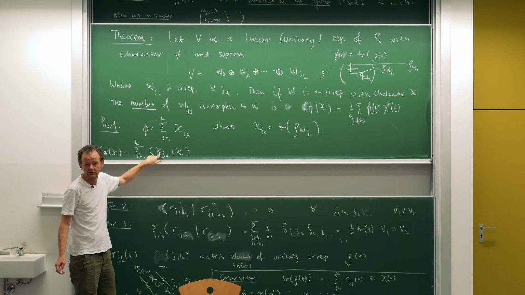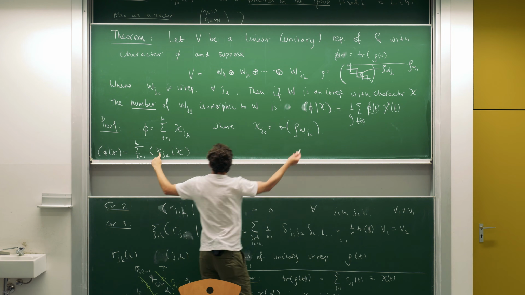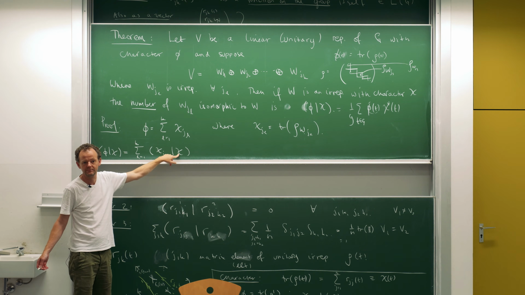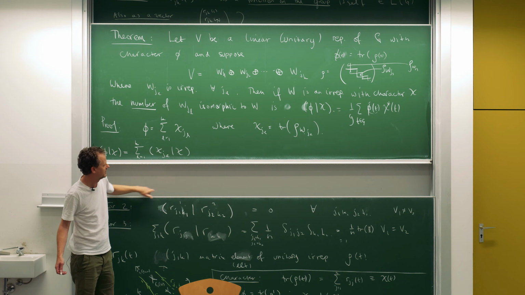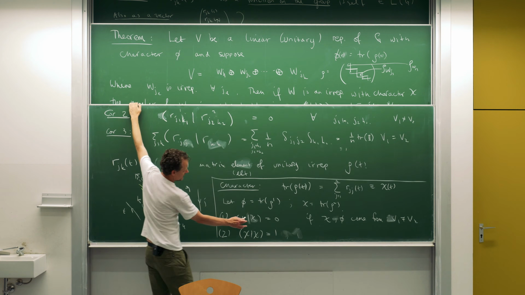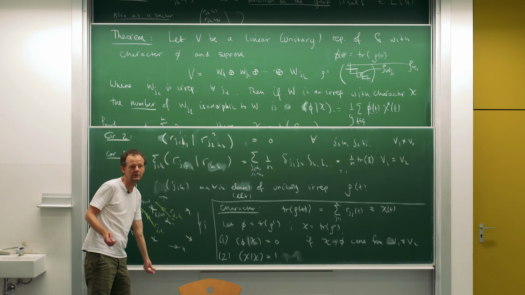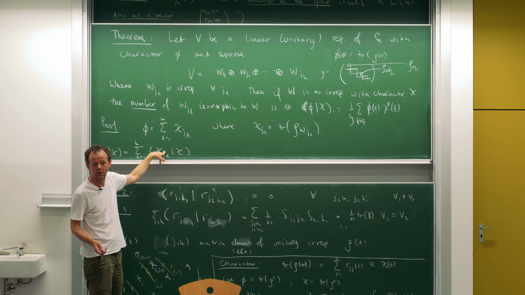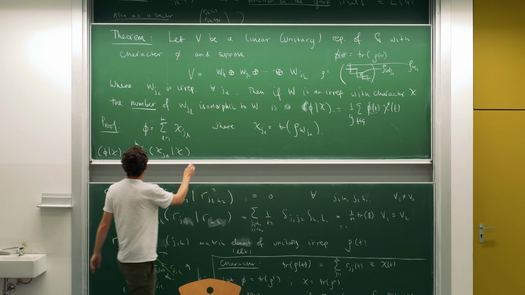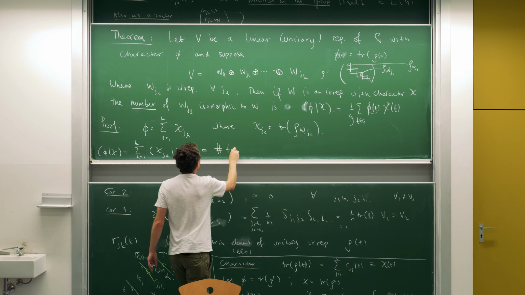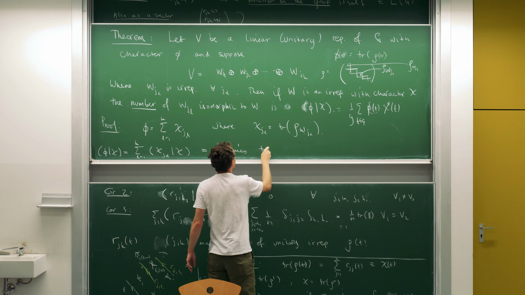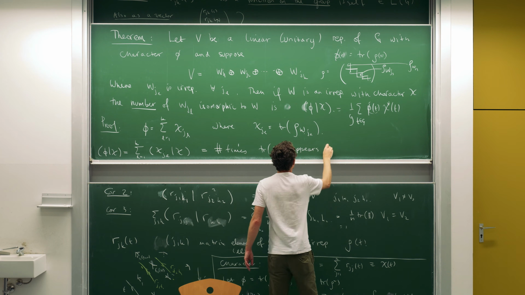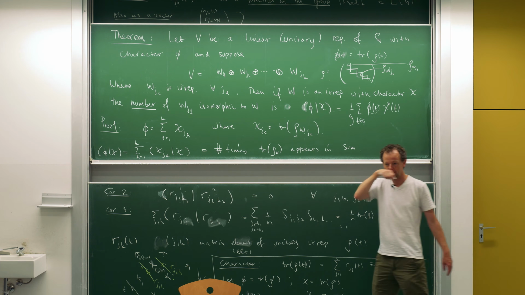Either this representation here, W_jL, is not the same as this representation we have in our minds, in which case these characters are orthogonal, and you get 0. Or this is the same representation as that, in which case we get 1. And so we're finished.